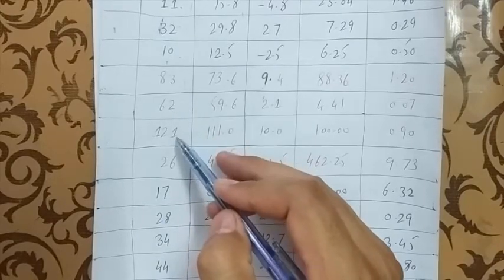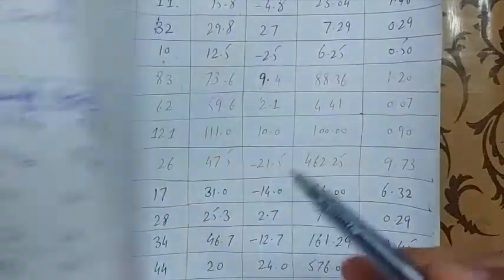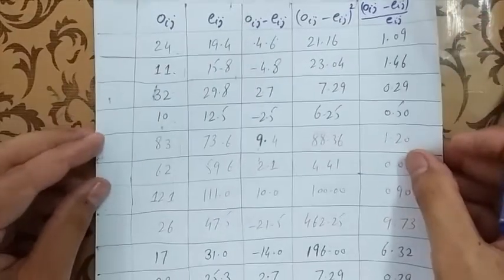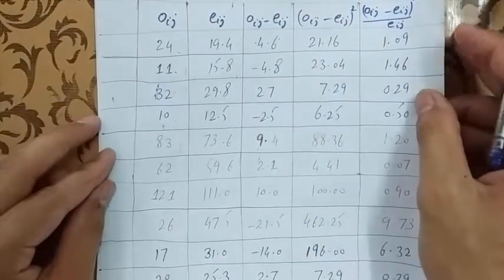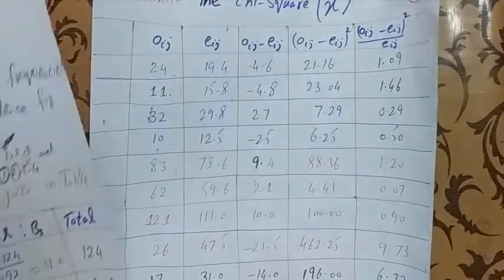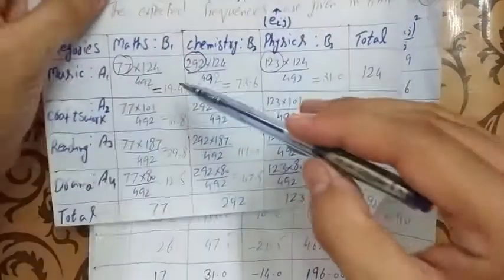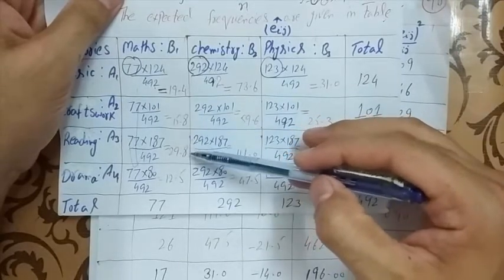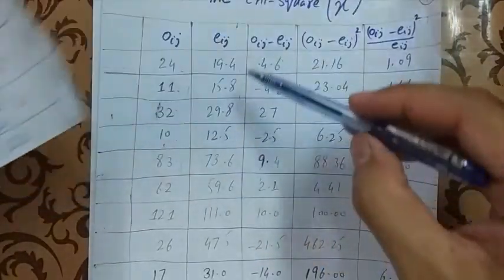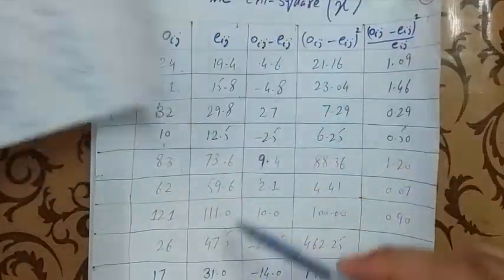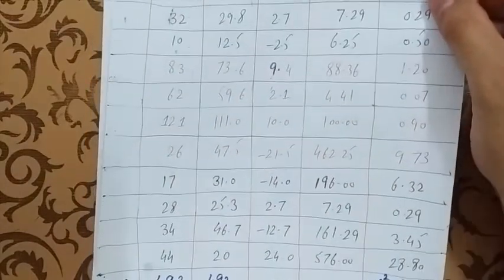And in the last row, 17, 28, 34 and 44. Now also write the expected values which I found recently. These are, for the first column, 19.4, 15.8, 29.8 and 12.5. Write this, and similarly for the other columns, write this at the end.